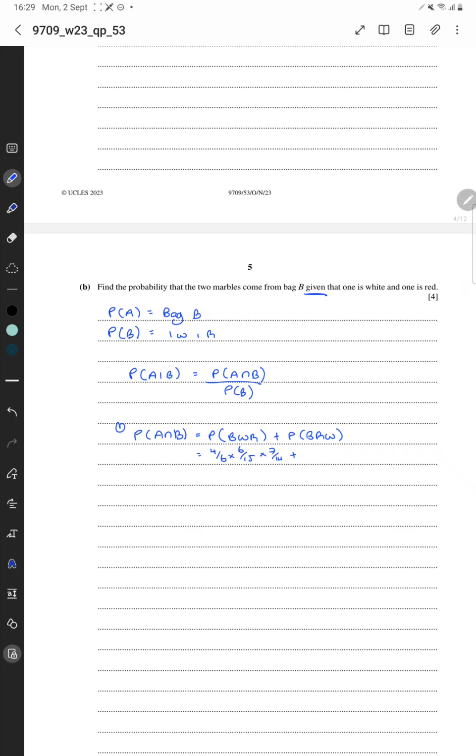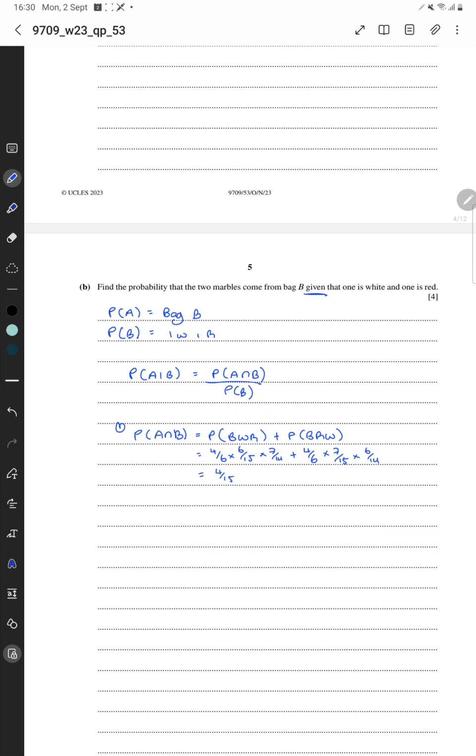Plus, there's not much difference. The probability is quite the same as the first one. So we're just going to copy 4 over 6 times, but in this case we're getting red first, then white. Red is actually 7 over 15, then 6 over 14. And the answer here is 4 over 15.